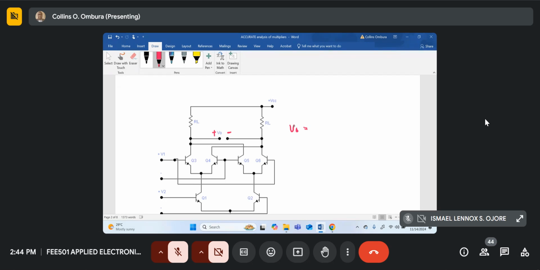It will be VCC minus I3 plus I4, or IC3 plus IC4, into RL.